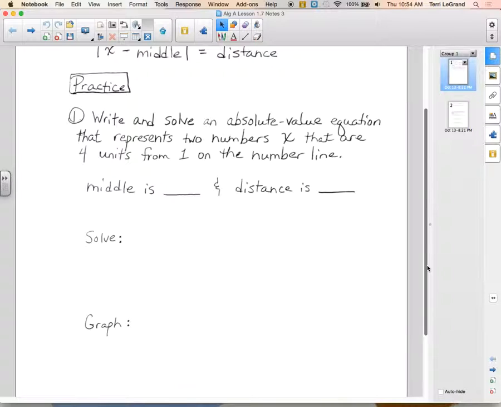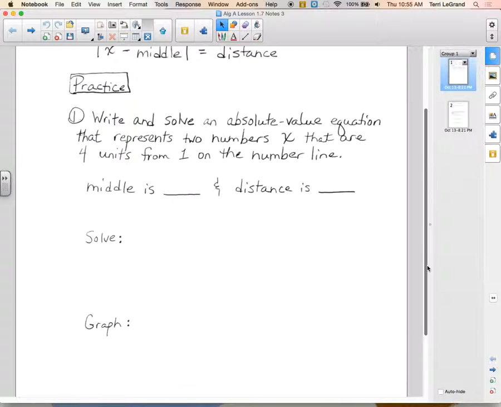Because it says represent two numbers x that are 4 units from 1, or 1 and negative 1, because you can't have a negative distance. Well, it just says that are 4 units from 1 on the number line. So let's just check it out and see if you're right, okay? So here's 1, and we need two numbers that are 4 units from 1.